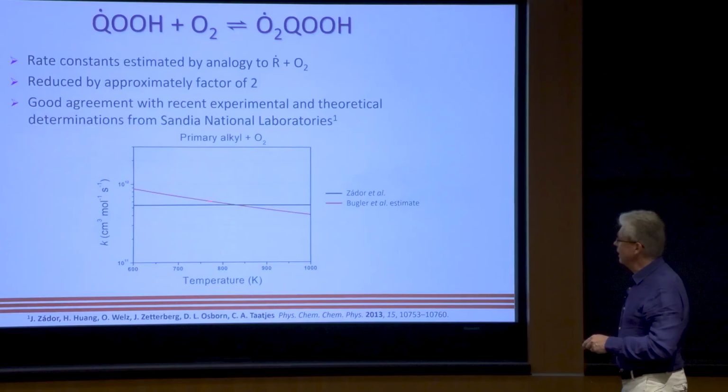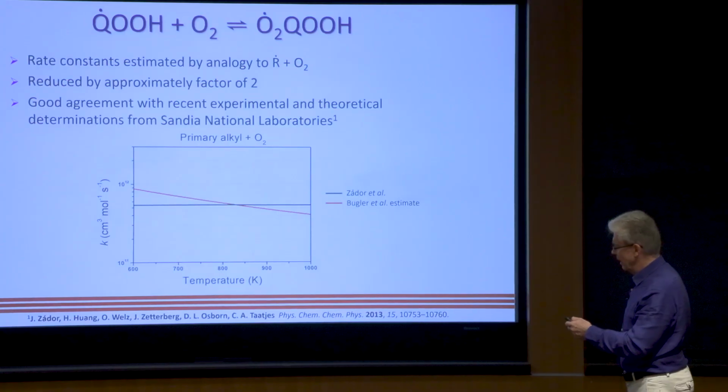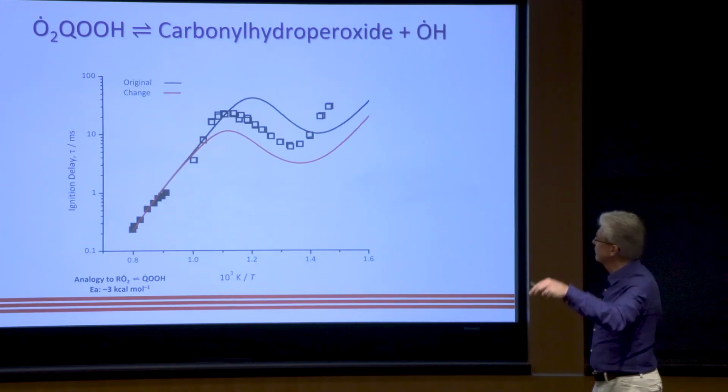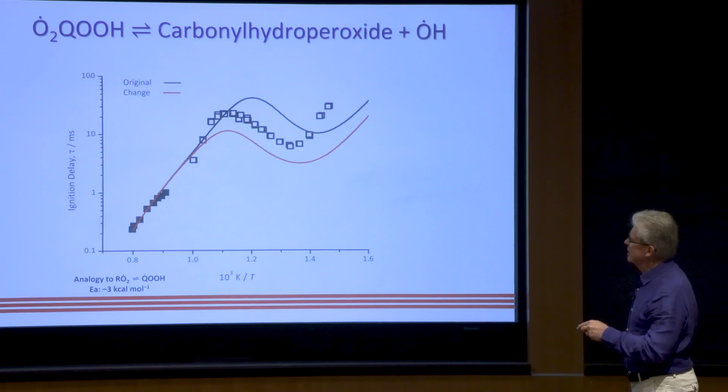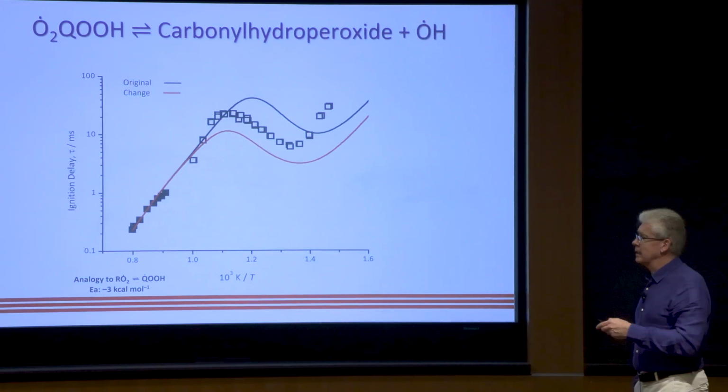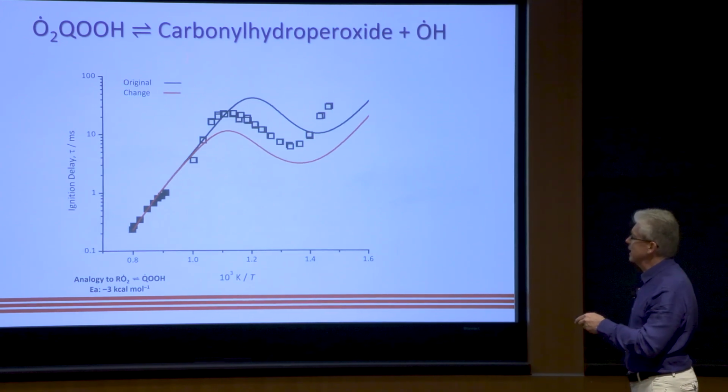And you can see we were using this rate, I'm not going to get bogged down on it. Let's leave it. Then if we look at the isomerization, these are the second isomerization.